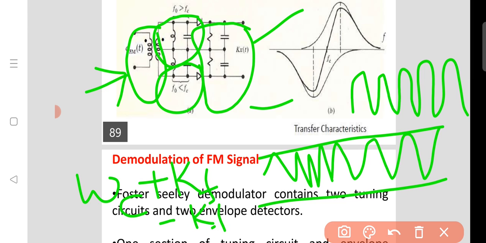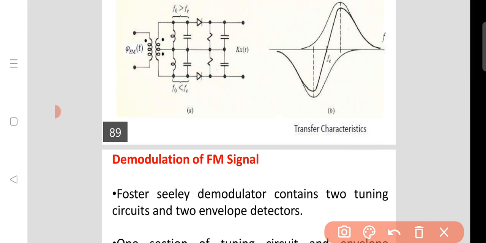The carrier frequency is fixed, but the deviation is either plus or minus, in other terms above the carrier frequency and below the carrier frequency. That's why the above carrier frequencies are tuned over here and the below carrier frequencies are tuned over here. This is the concept of the Foster-Seeley detector.